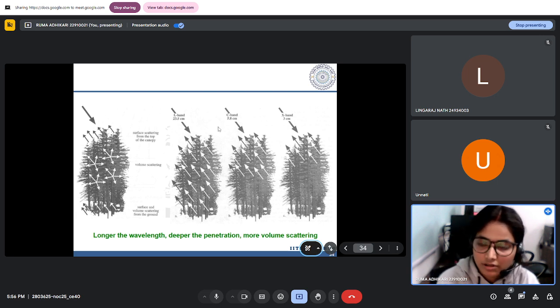We already showed this, and now we can visualize it very well. These are, suppose, the trees. Here we have shown how it can penetrate in different wavelength bands.